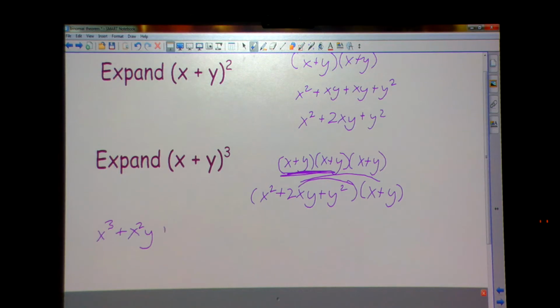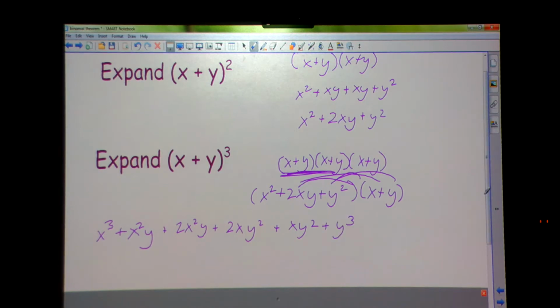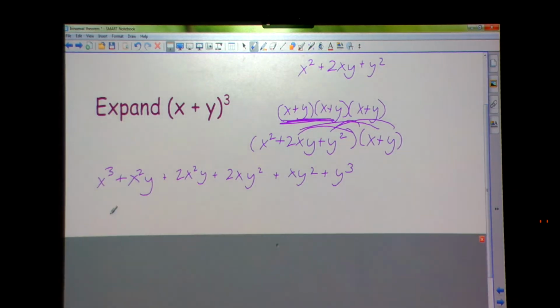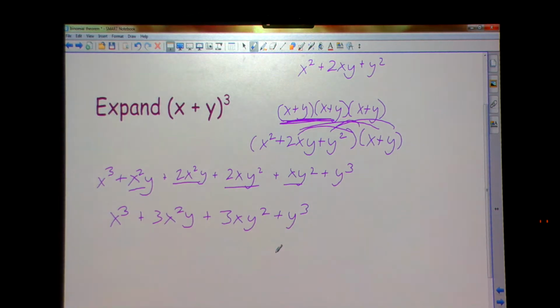I'm going to get plus 2x squared y plus 2xy squared. Distribute your third term. Plus xy squared plus y cubed. Now combine like terms. I have x squared y, so I have plus 3x squared y. Then here I have 3 of those, xy squared and a y cubed. So there's x plus y quantity cubed.